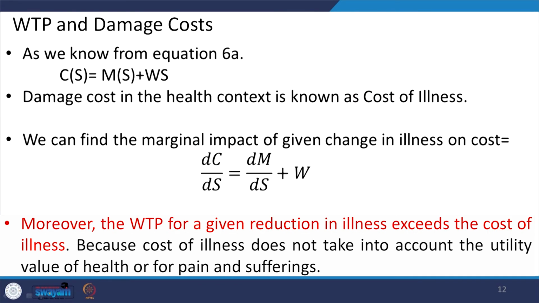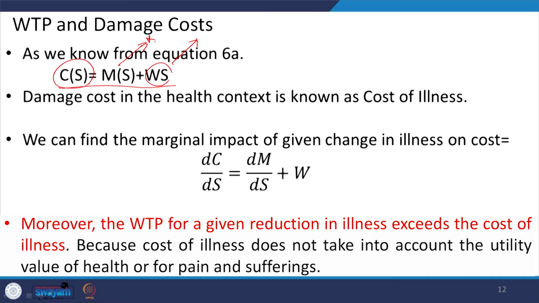So, now we will have an understanding of how willingness to pay and damage costs are related, because in our averting behavior method, we found that this cost of sickness is from two sources: your medical costs because you are sick, and the second one is loss of wage.